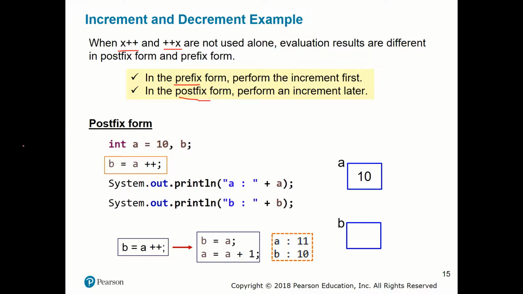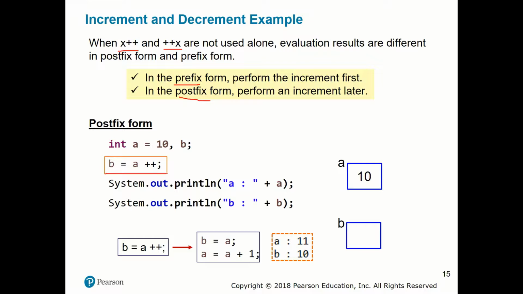Here is the example of postfix form. A is 10 and B is not initialized yet. In this expression, there are two instructions.